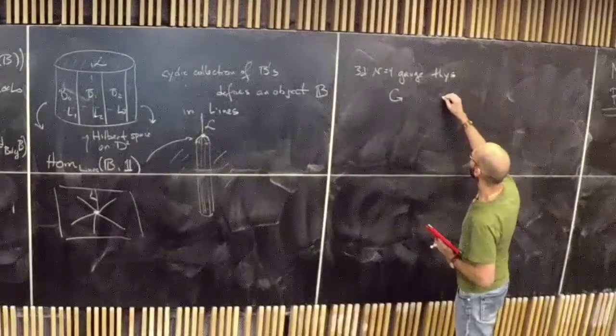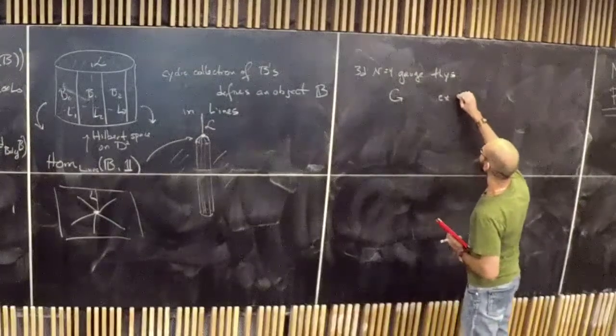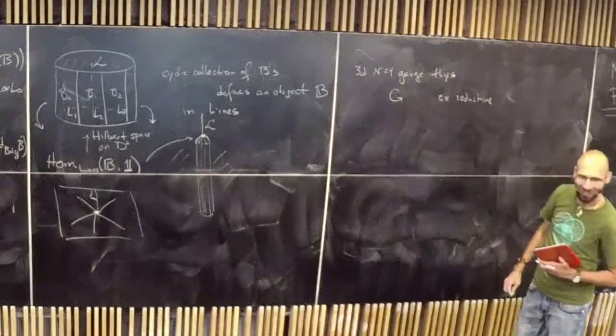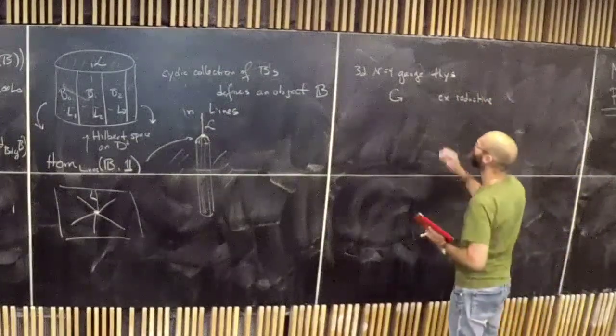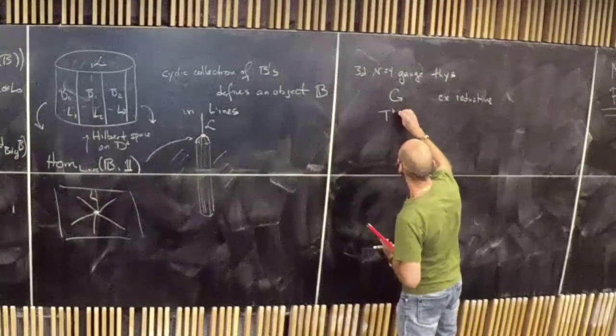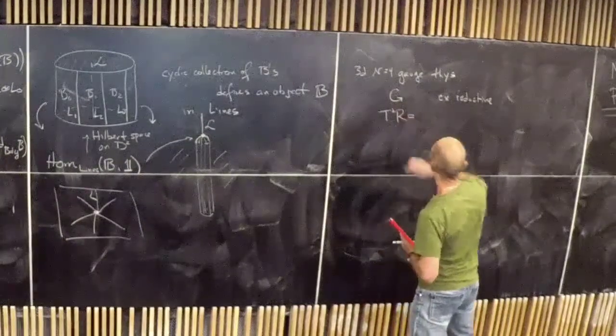But this is a math talk. This is a complex reductive group. This is a safe space. And you can make it more painful and say connected complex reductive.